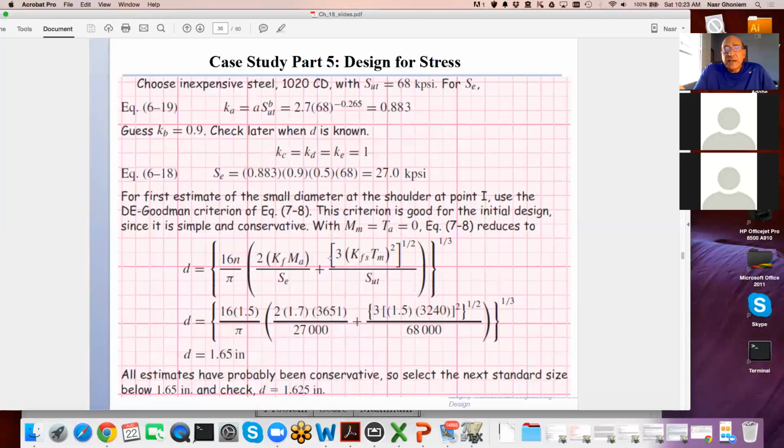There are about 5 factors that must be considered: size factor, load factor, temperature factor, etc. We have empirical relationships, but the bottom line is that you reduce from 50 to something smaller, maybe 30 or 35, and that is the one that you design your shaft for. And you get a diameter that can satisfy that based on the distortion energy criteria.